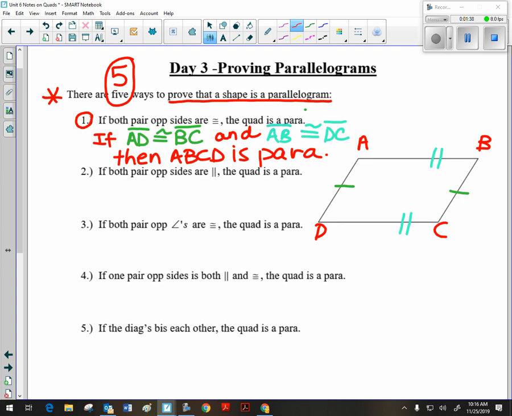In number 2, it talks also about another way to show that you have a parallelogram, and that is going to be to have both pairs of opposite sides be parallel to each other.